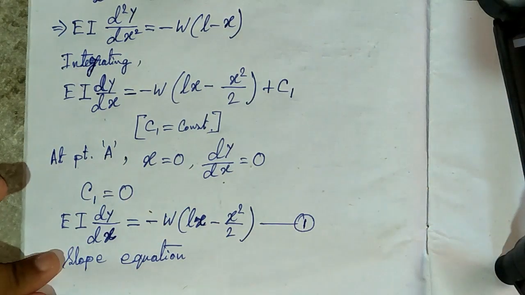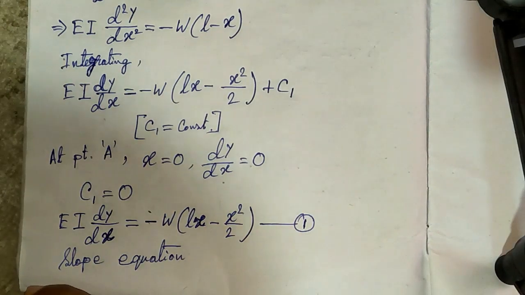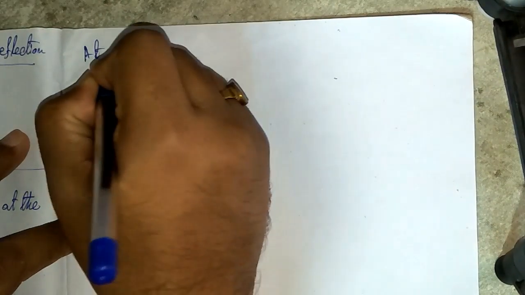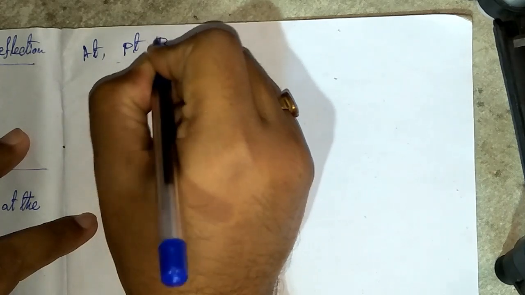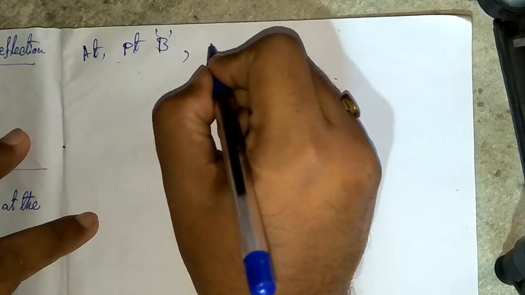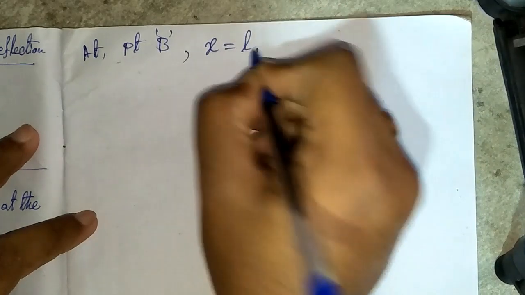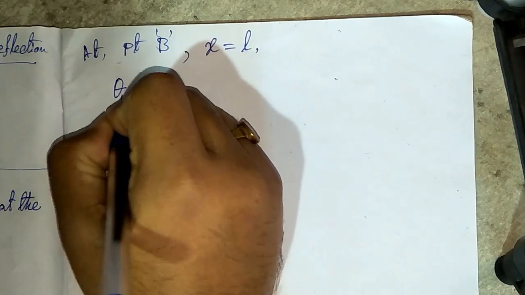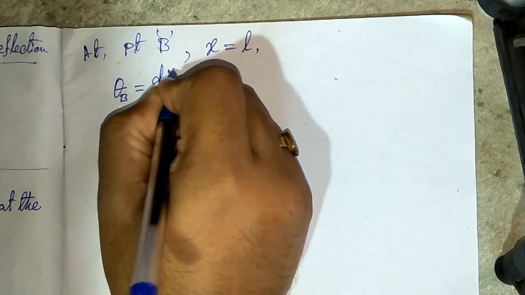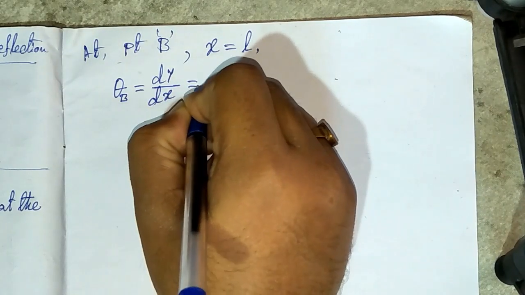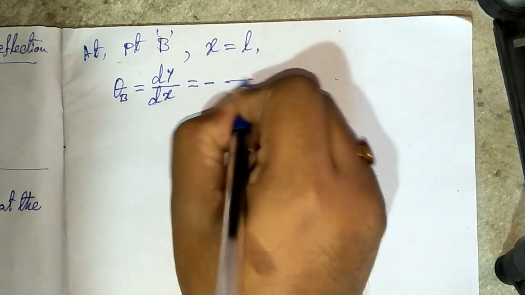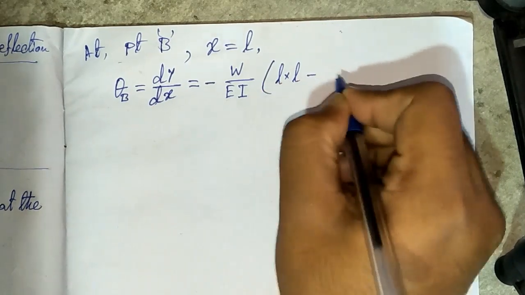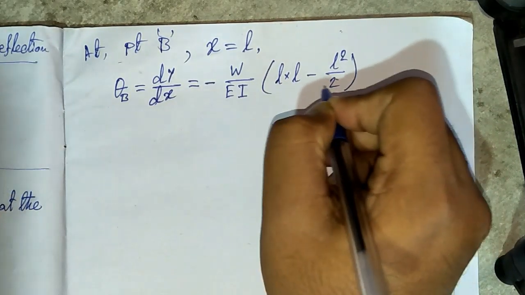Now we are going to find the value of slope at point B. At point A the slope is obviously 0, but at point B, x equals L and the slope is theta b, which equals dy dx equals minus W by EI into L minus L square by 2.